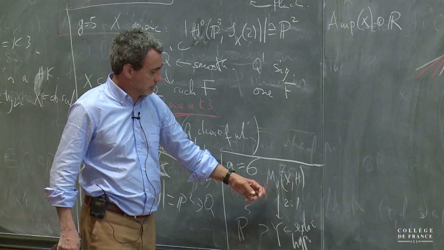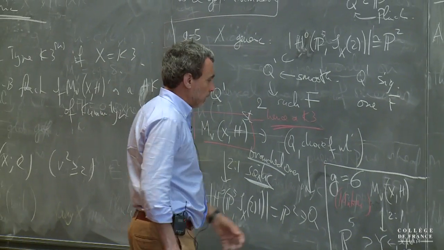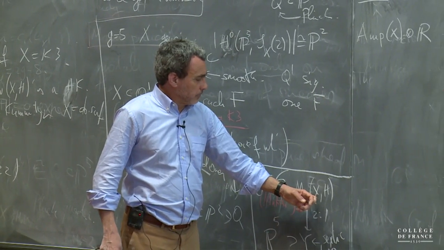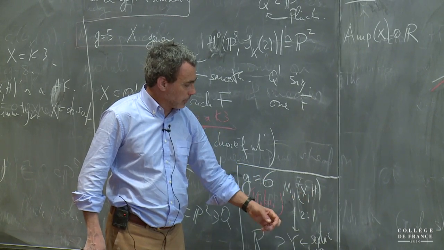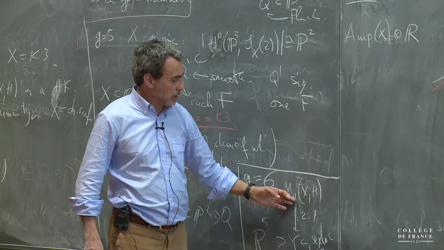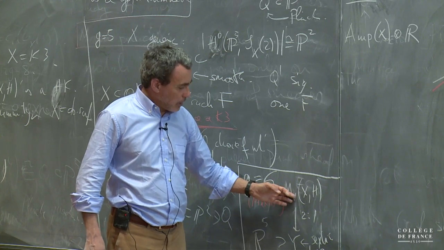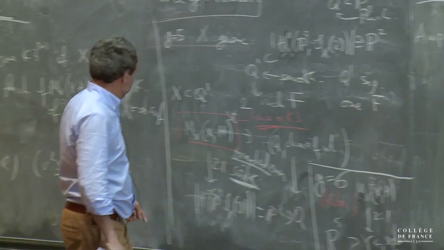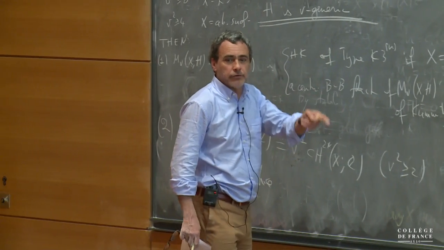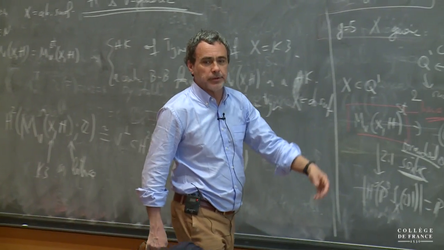Mukai pointed out this, although he didn't prove the formula, but you can see that, for example, if Pic of X is generated by H here, this 4-dimensional moduli space is not birational to Hilb^2 of a K3. You look at its periods, and you see that.